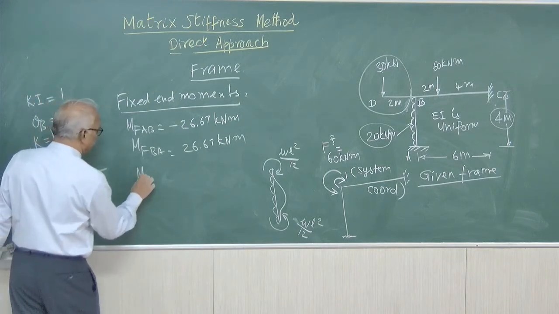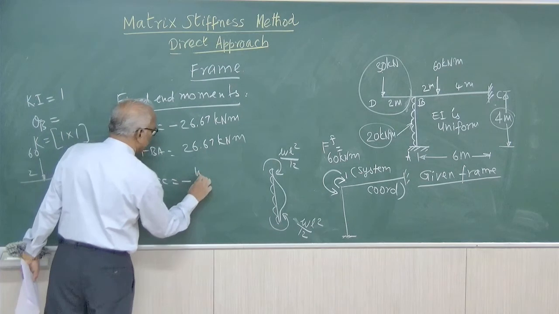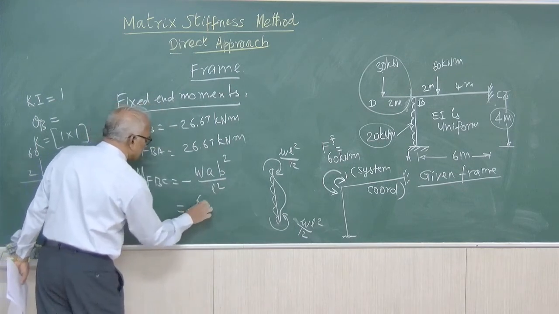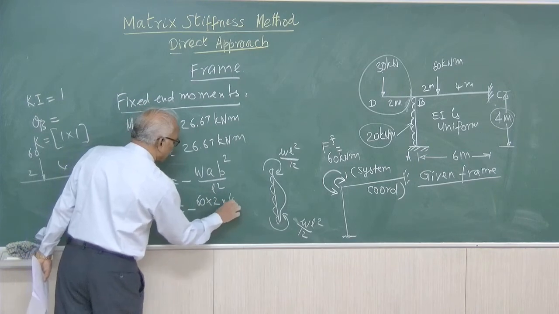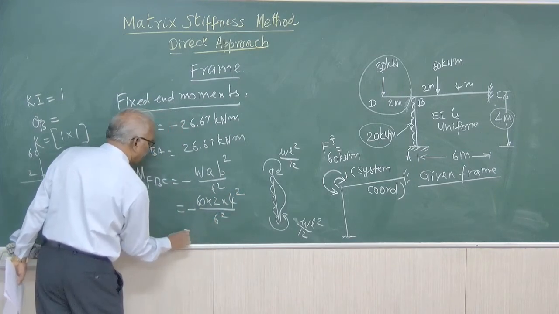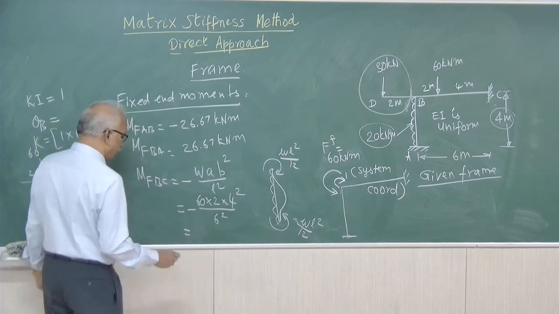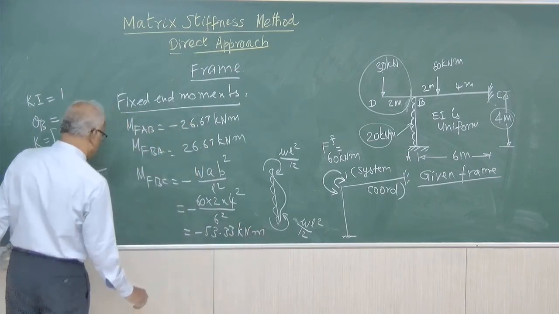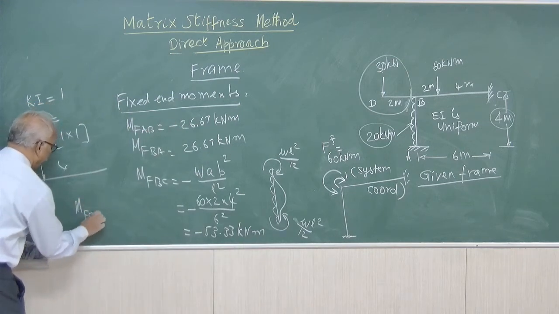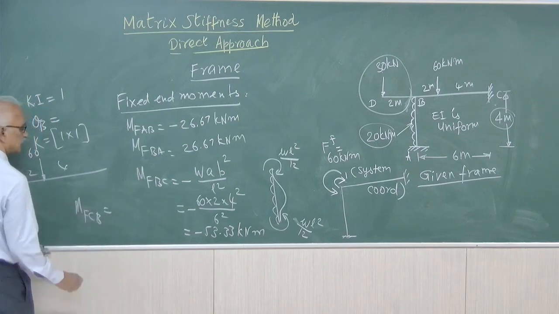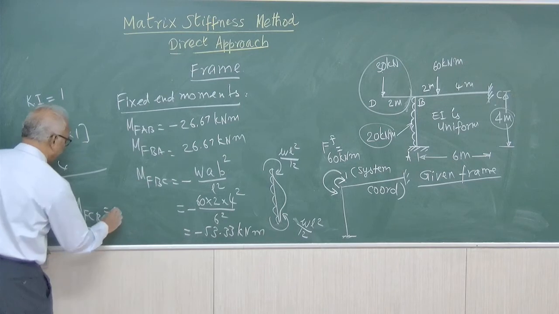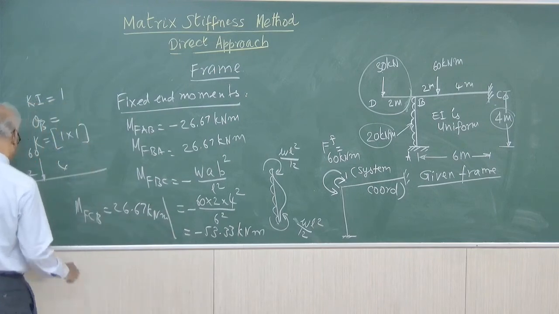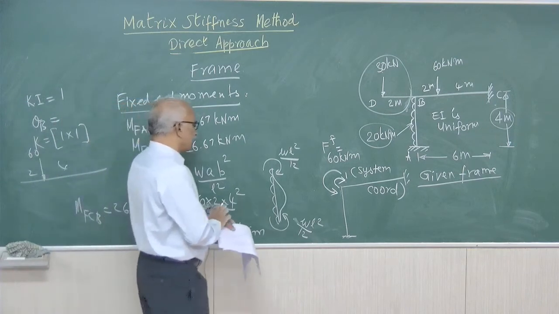Therefore, M of BC will be minus W A B square by L square, as we have done earlier, equal to minus 60 into A is 2 meters, B is 4 meters, by 6 square, equal to that value, minus 53.33 kilonewton meter, and we will find that M of CB will be W A square B by L square, that value will be 26.67 kilonewton meter, right.